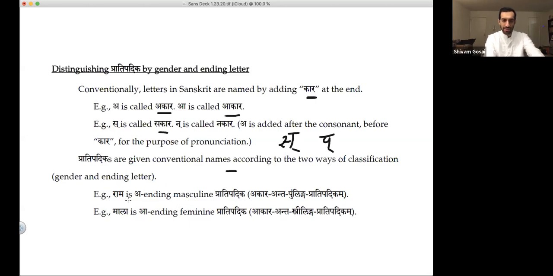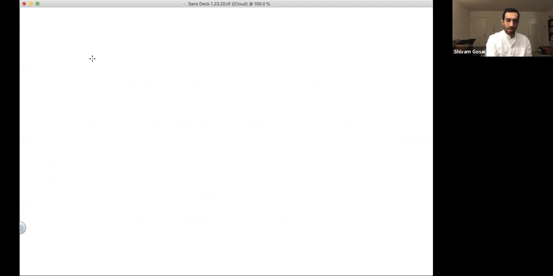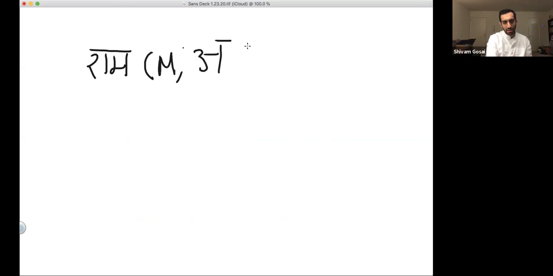So Rama, for example, is ending with, is masculine, and it ends with akara. So if I want to say this all in Sanskrit, I would say akara. It's ending with that akara, so anta.